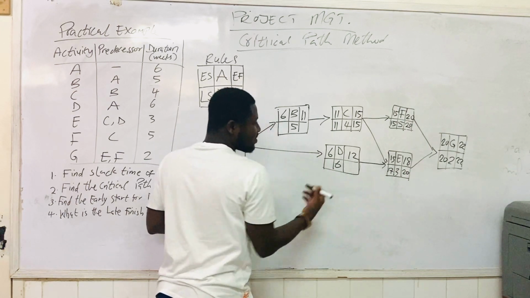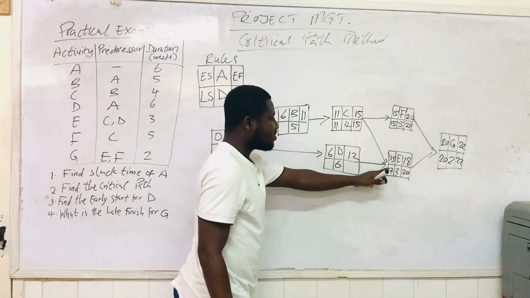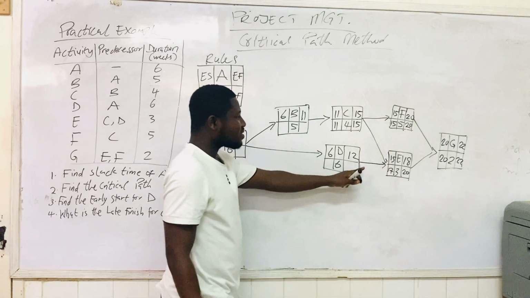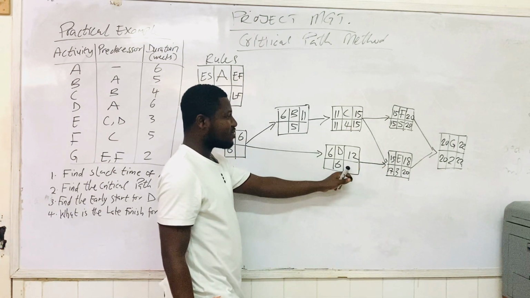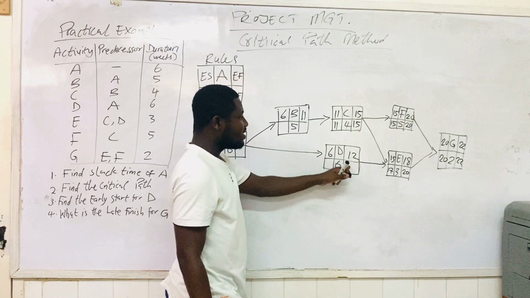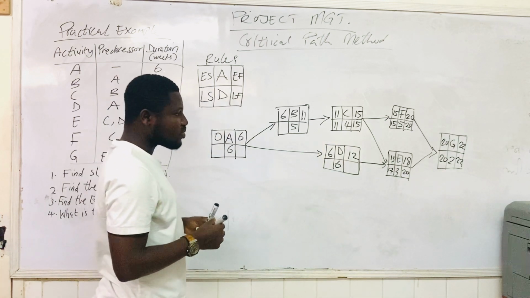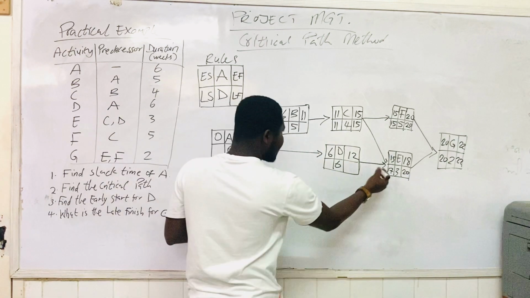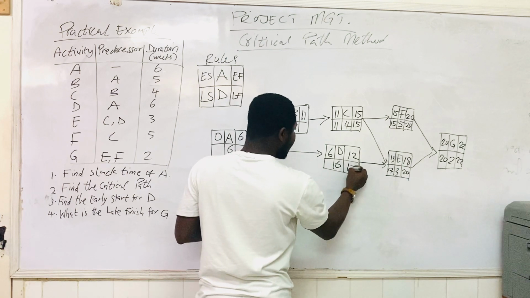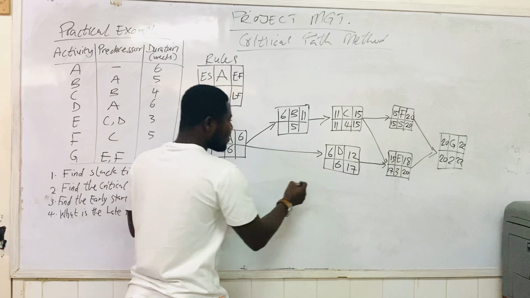We have 17 here. Mind you, E is only connected to D, right? E has the predecessor of D, and then C as well. And so you bring your 17 here. 17 minus 6 is what? 11.